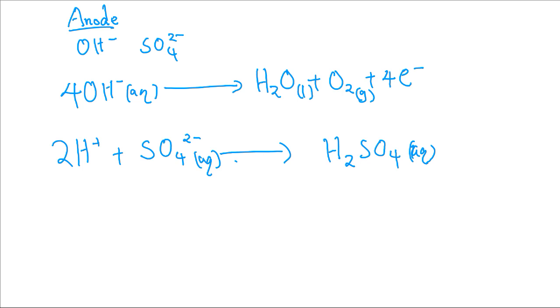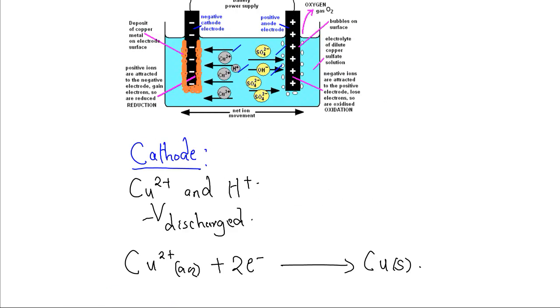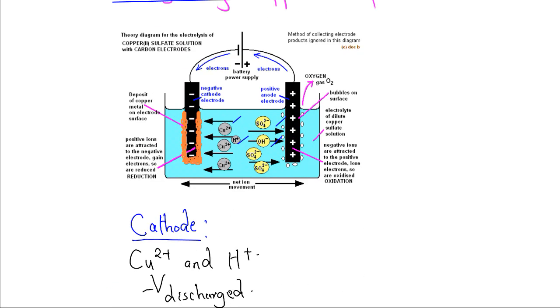And that is all about the electrolysis of copper 2 sulfate solution when we use graphite or platinum electrodes, or the one that is known as carbon electrodes.